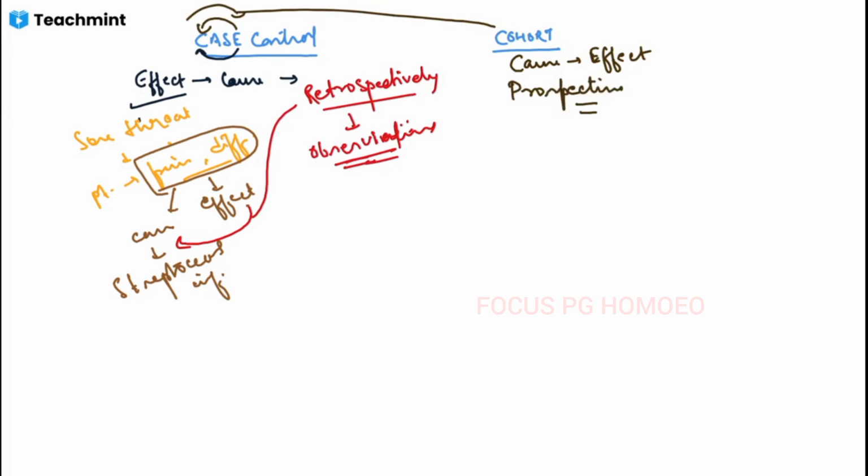Next point: case control study is mainly done for rare diseases, whereas cohort study is done for common diseases.